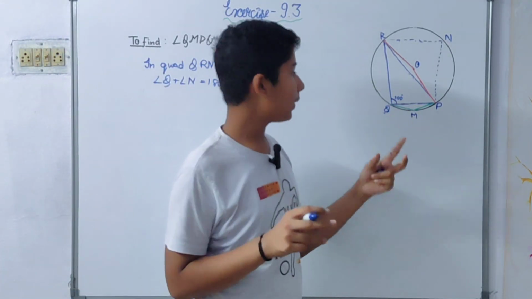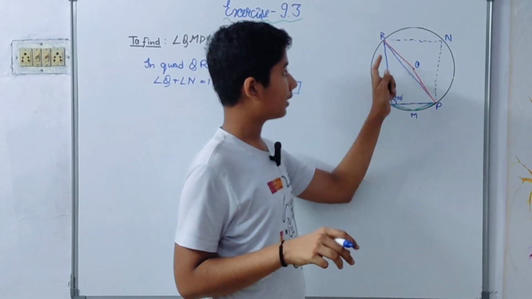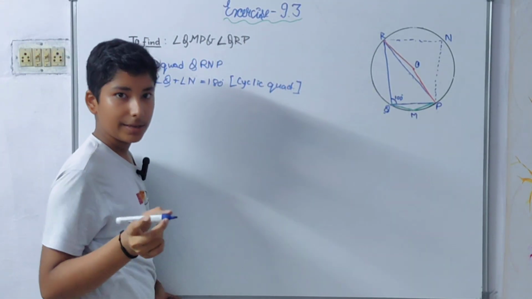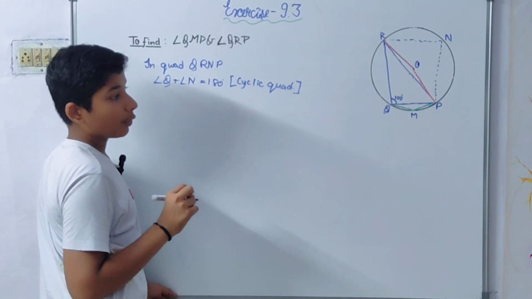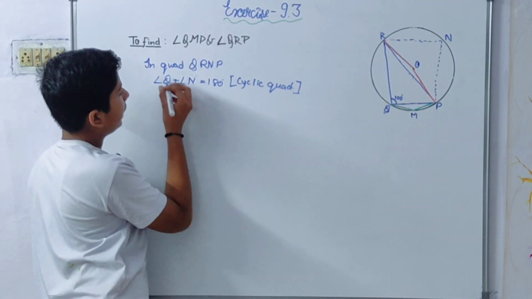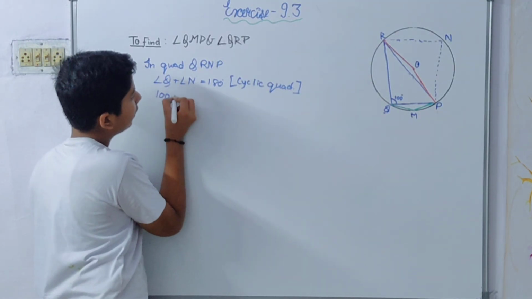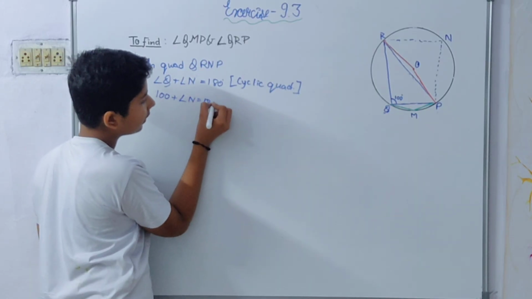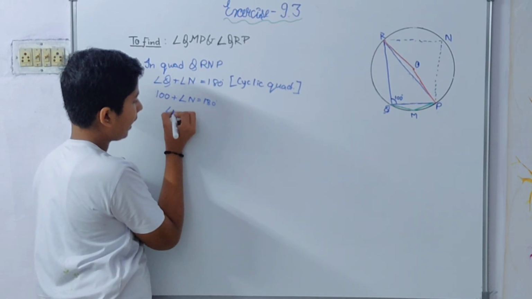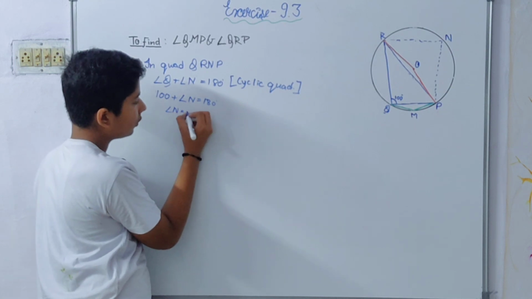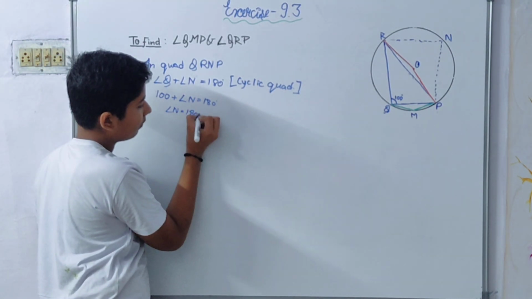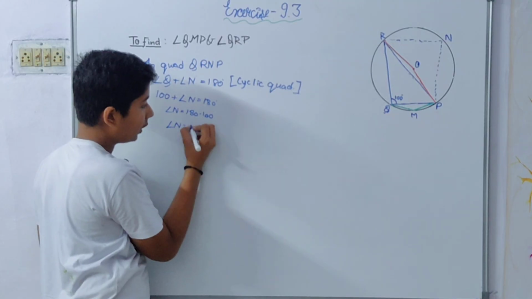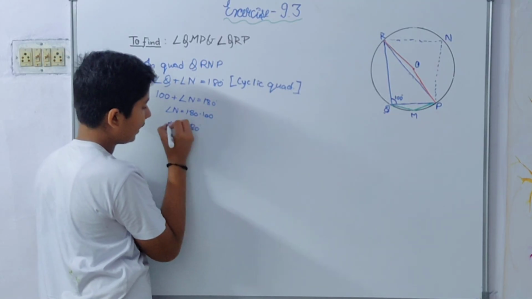There is a property that the sum of opposite angles is always 180 degrees. So angle Q plus angle N is 180 degrees. Now 100 plus angle N equals 180 degrees, so angle N equals 180 minus 100, which is 80 degrees.